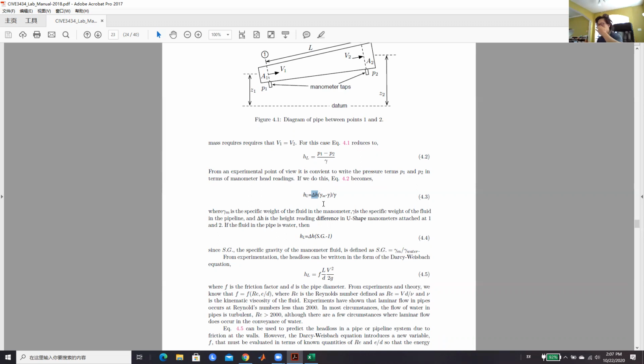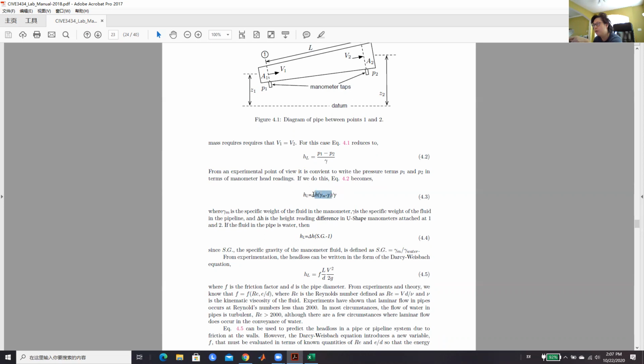You just need to find the difference in the height, and that's your delta H. Once you read the height difference from the manometer, multiply it by gamma m minus gamma, where gamma m is the specific weight of the manometer fluid and gamma is the specific weight of the water, and divide by gamma. That's the equation of the head loss.